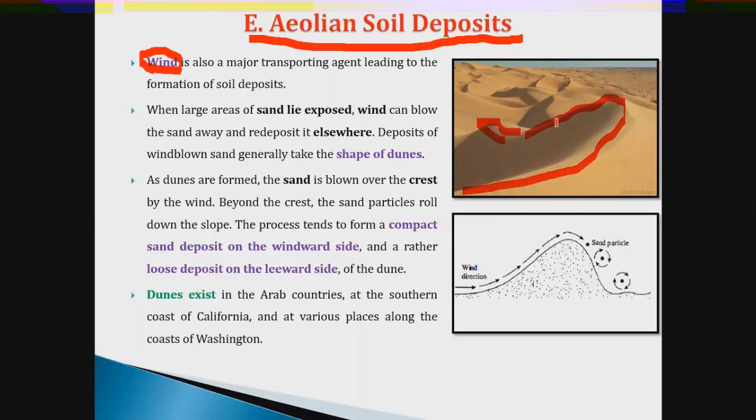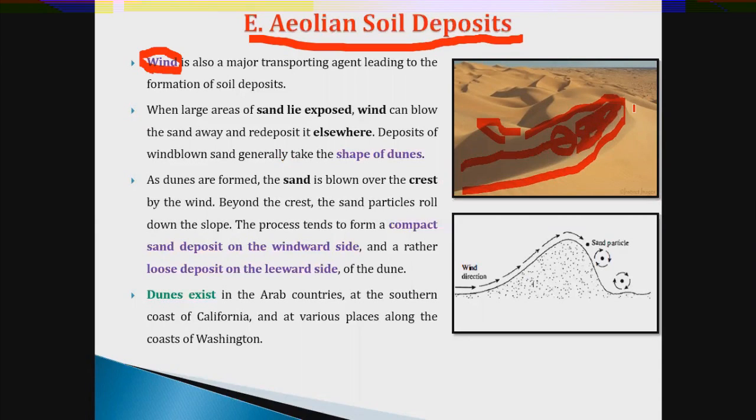Now, the characteristic of sand dunes is that the windward side, like this is the windward side, which is facing the wind, will have a compact type of material.